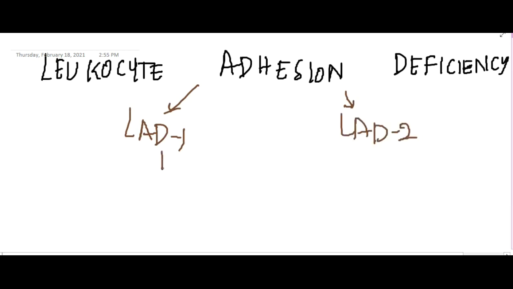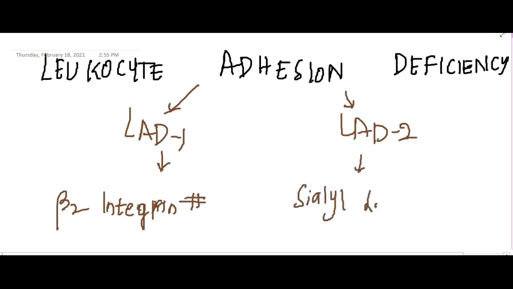In type 1, the beta 2 integrin family is defective, and in type 2, the sialyl Lewis X ligand, which is a carbohydrate ligand for selectins, is defective. In type 1, the integrins are defective, which affects adhesion of leukocytes to the endothelium, the CD11 and CD18 chain.